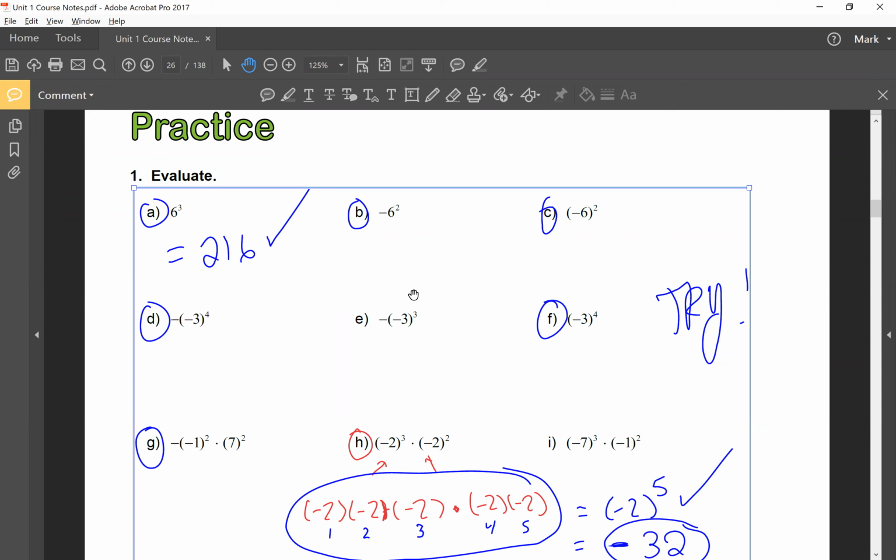I'm going to give you guys, well, people are at G already. Just take one more minute for some of the people still working. And at 1:12, we'll look at some of these answers and then we'll move on. If you guys have a calculator, this is pretty easy. Just be careful with your negatives. So 1 minute and we'll check all of your answers.